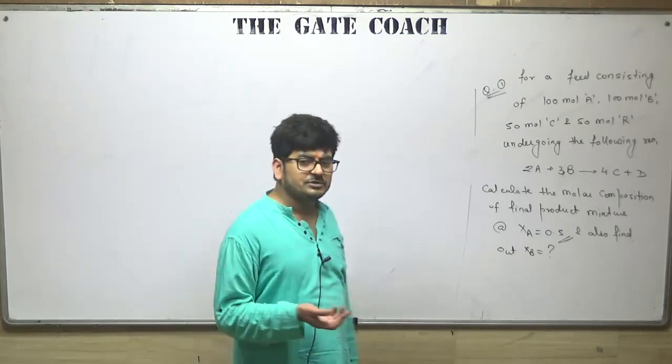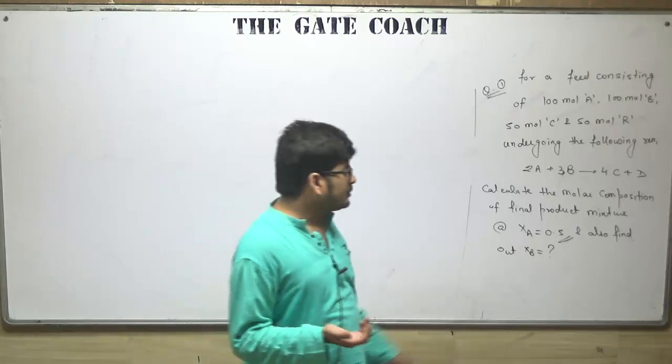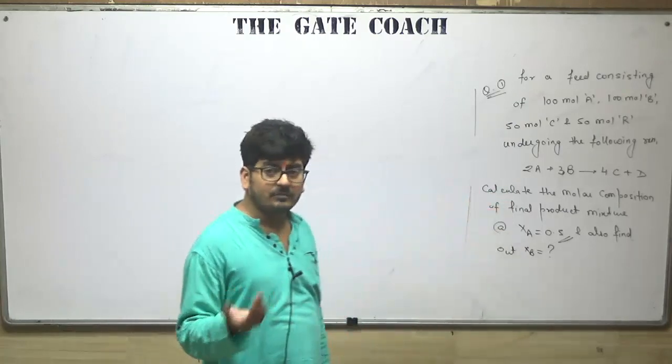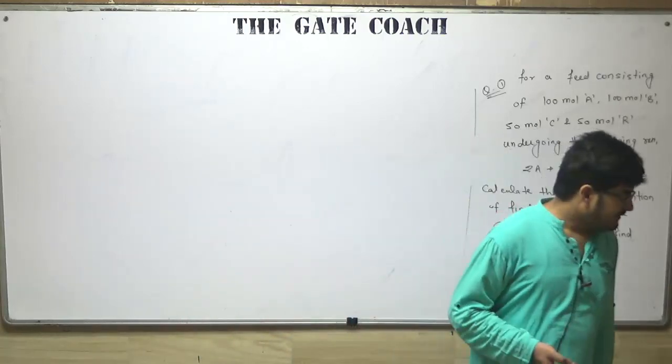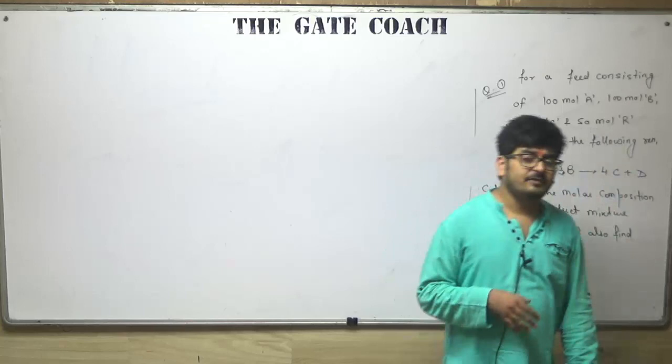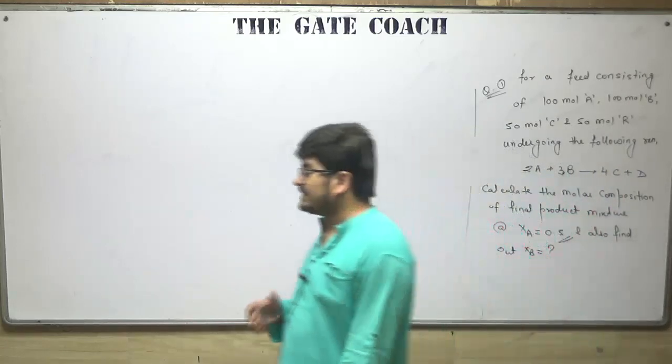If the composition is in mass, you find the mass percentage. If it is in moles, you find the mole percentage. If it is in volume, you find the volume percentage. So here you have to figure out the mole percentage.